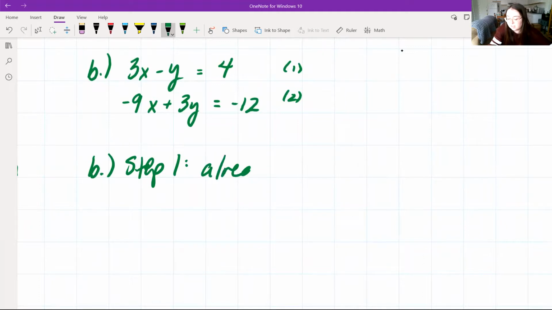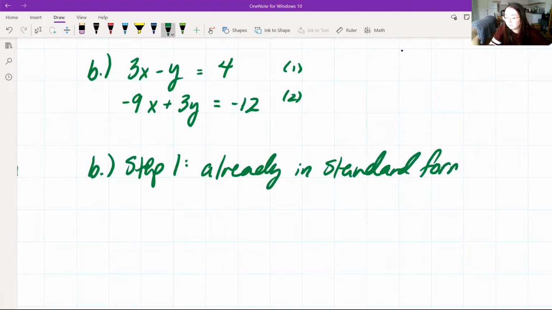So, already in standard form. Step 2, we want to multiply one of our equations by a value that would give us opposite coefficients of one of our variables. So we consider our coefficients for x are 3 and negative 9, and our coefficients for y are negative 1 and positive 3.